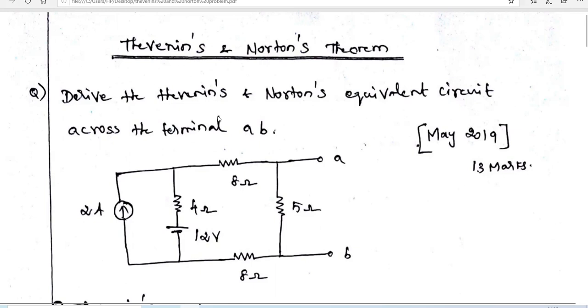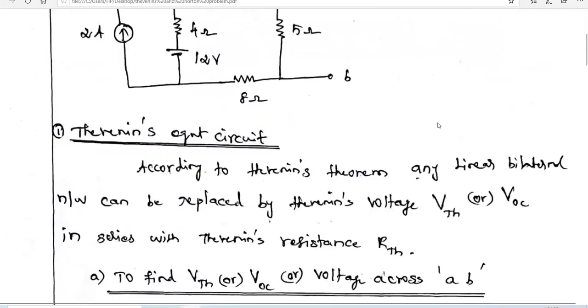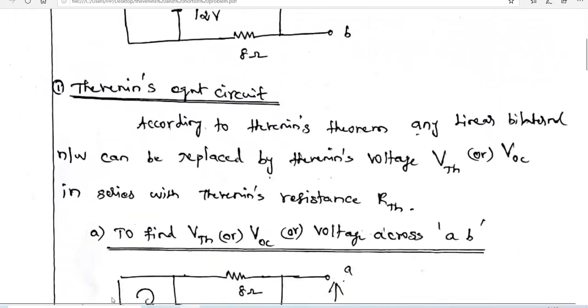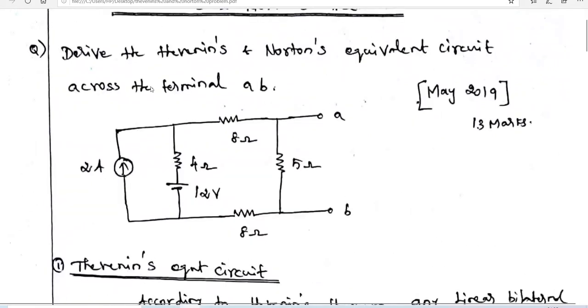According to Thevenin's theorem, any linear bilateral network can be replaced by the Thevenin's voltage in series with the Thevenin's resistance. Take this circuit as an example.